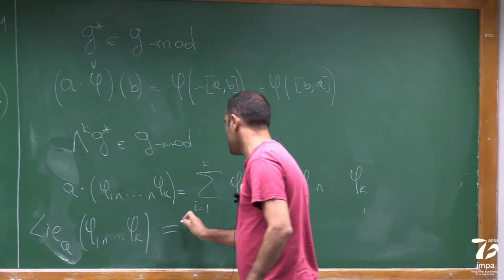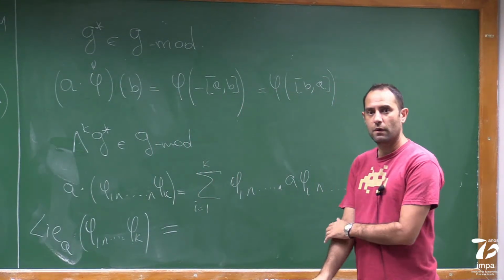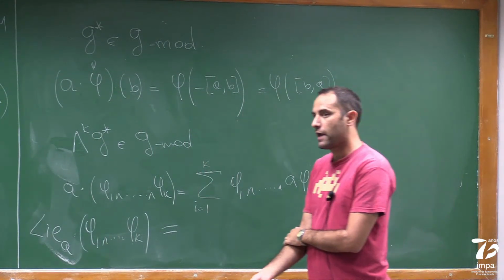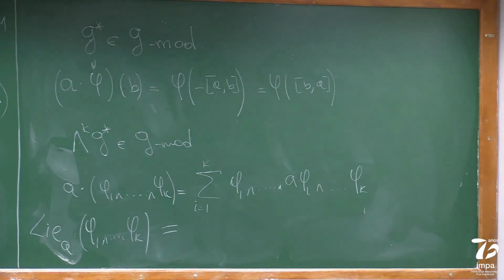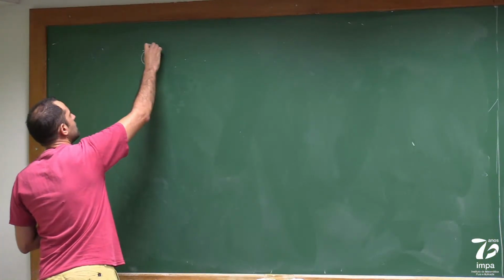And I'll define it to be this. I'm going to call that the Lie action of A on K forms.